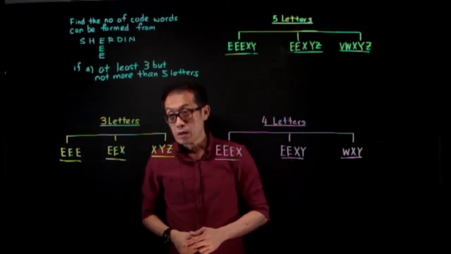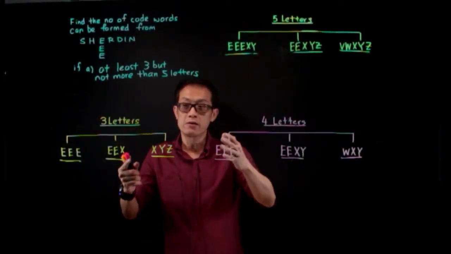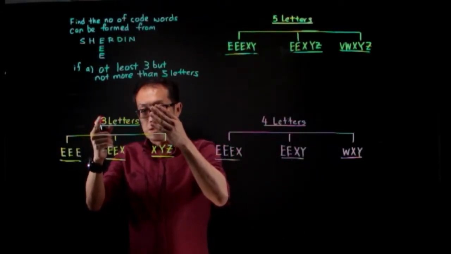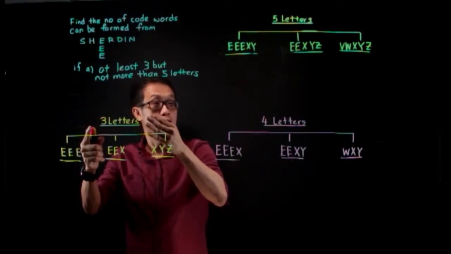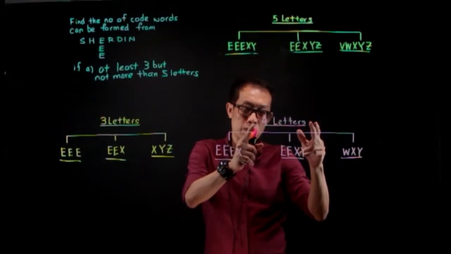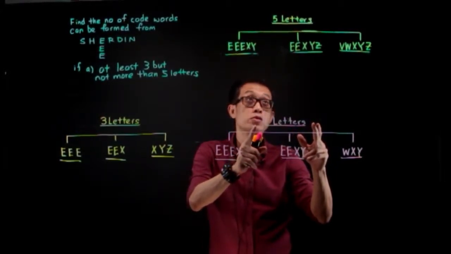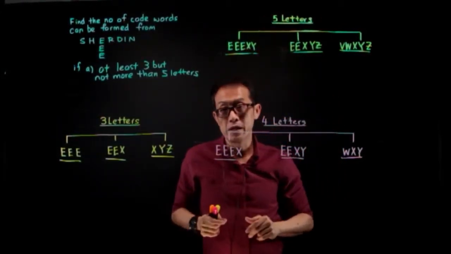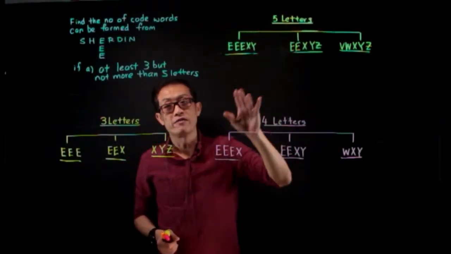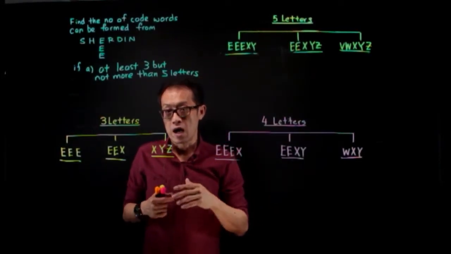Now, we can break this down into 3 parts. If 3 letters are being used, the number of code words that can be formed; if 4 letters are used; and the last option will be the number of code words that can be formed if 5 letters are used.